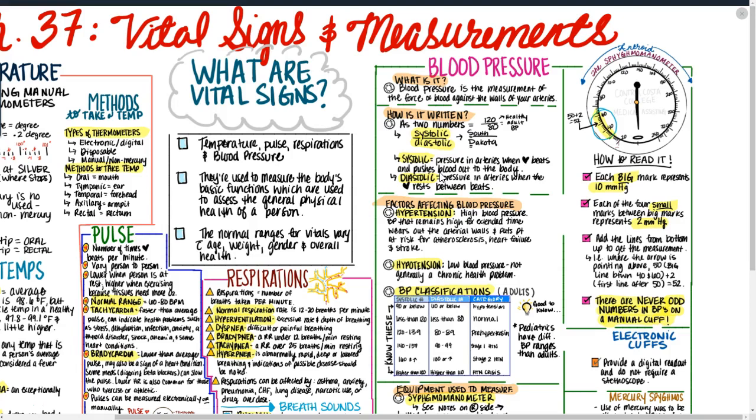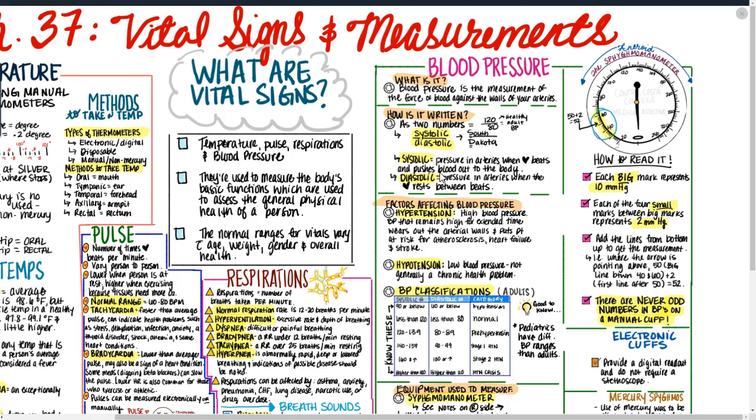The crazy thing is that the left side of your heart is under immense pressure. The wall of the left ventricle is much thicker than the right ventricular wall because it has to pump all of this oxygenated blood out to the whole body.